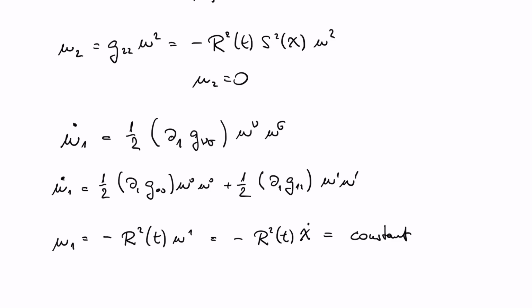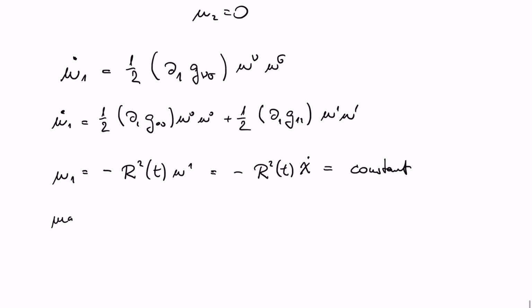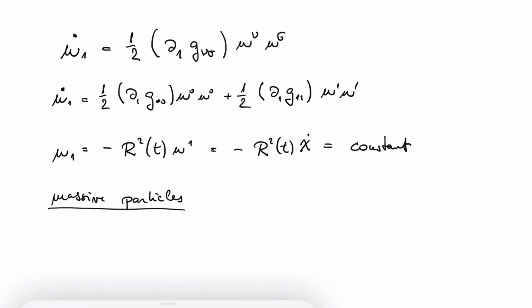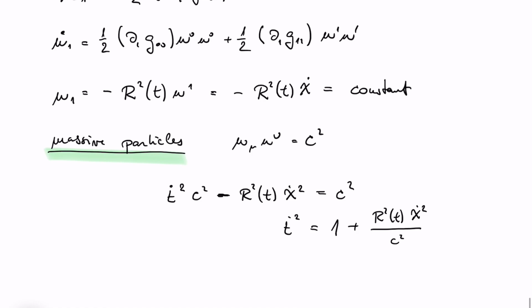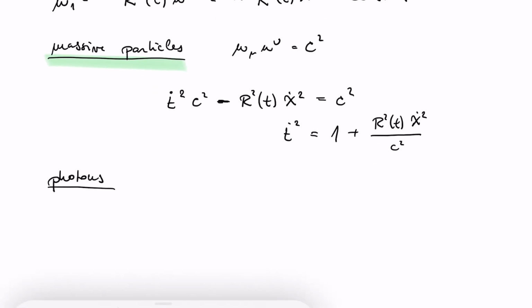Now the 0th component we will determine from the normalization condition. For massive particles we must have that u squared is equal to c squared. And for massless particles we have that u squared is equal to 0.